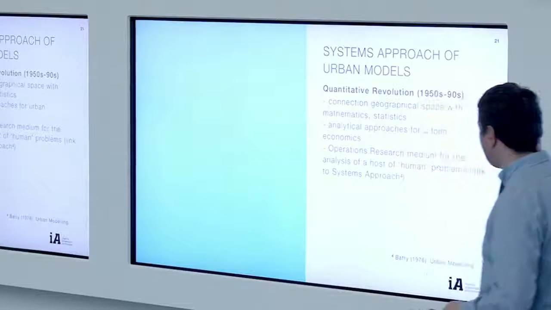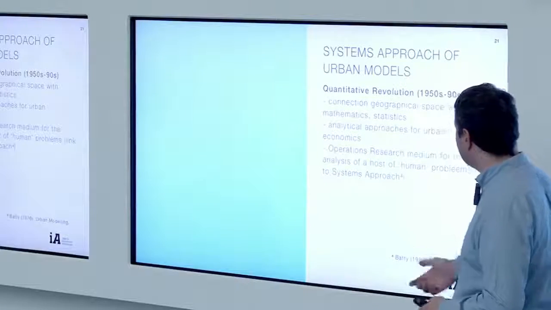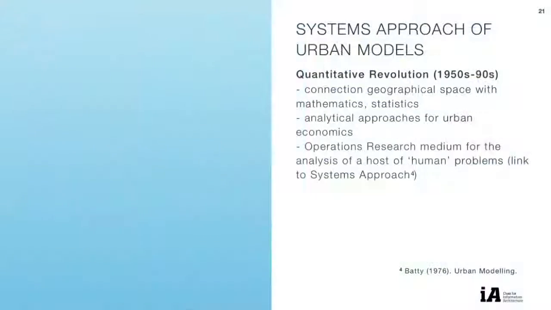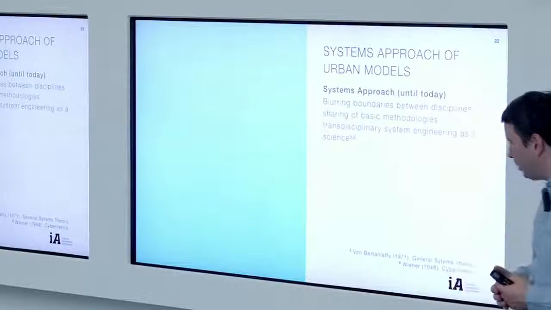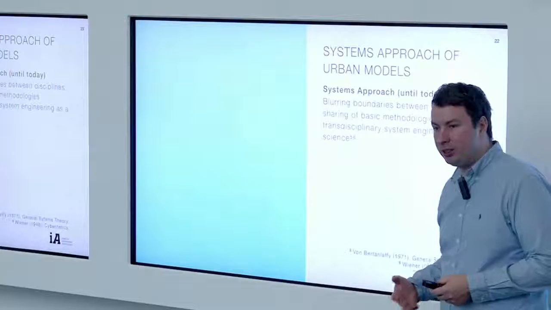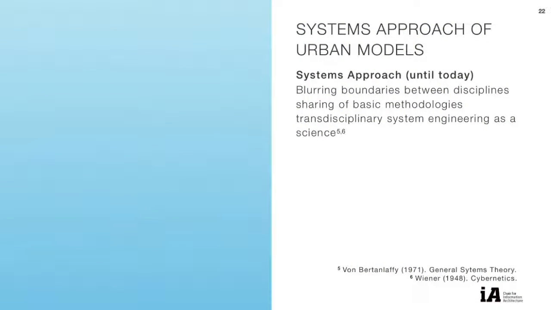And so it was the first time they got a connection between geographical space and mathematics, with a focus on urban economics and human behavior linked to a system approach. And this came to one of the first developments where interdisciplinarity first occurred and first happened in planning.